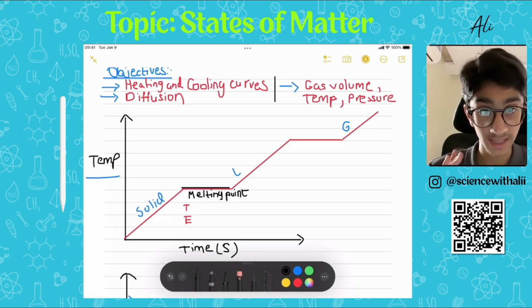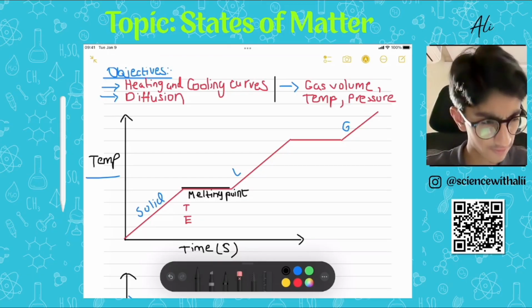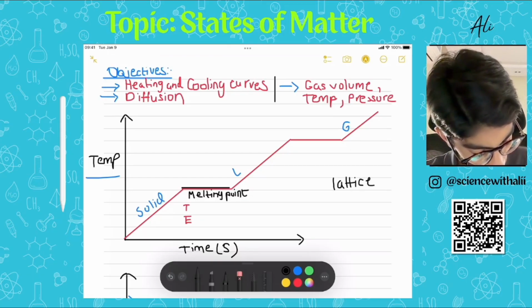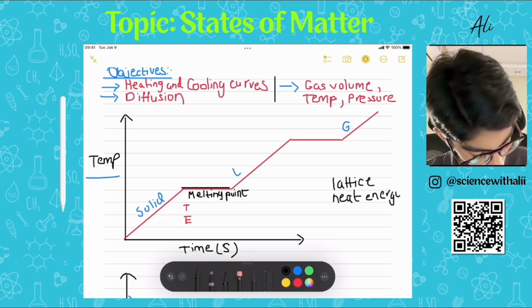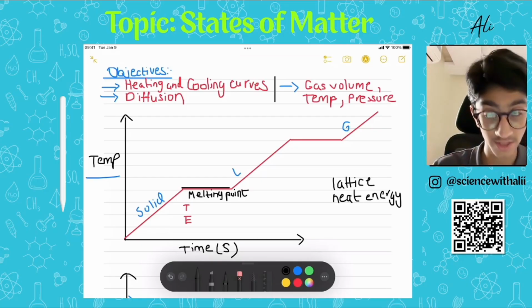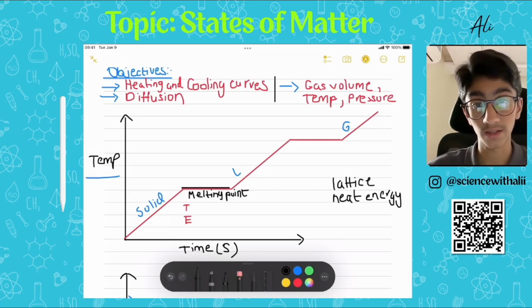Now the temperature stays steady and heat goes into the breaking bonds. I think you have heard this in physics. It's called lattice heat energy. Right? Because the energy is going into breaking the bonds, the temperature is not increasing.